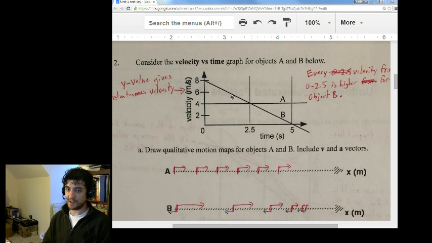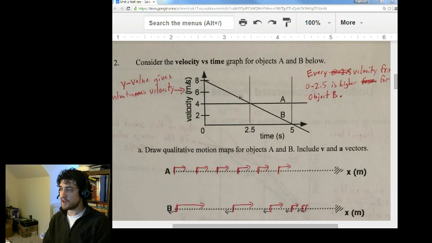Average velocity can get a little stickier than that, but the idea is that you literally just take an average. Say, okay, between here and here, on average, where were they? Well, in fact, they were 6. Between 0 and 2.5, the average was 6.